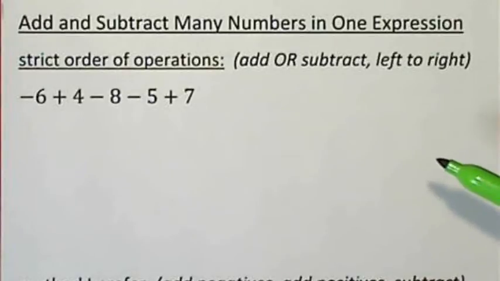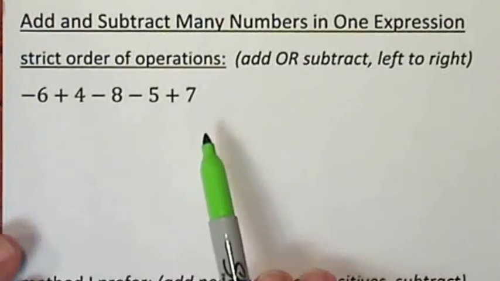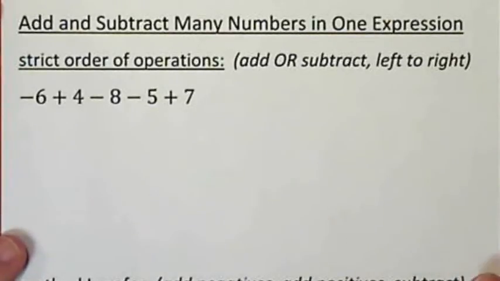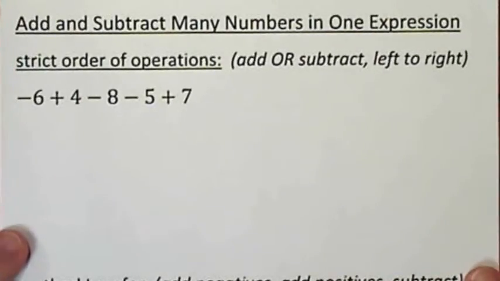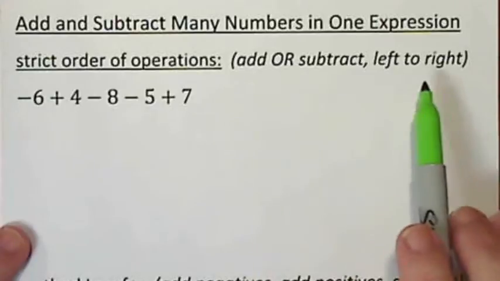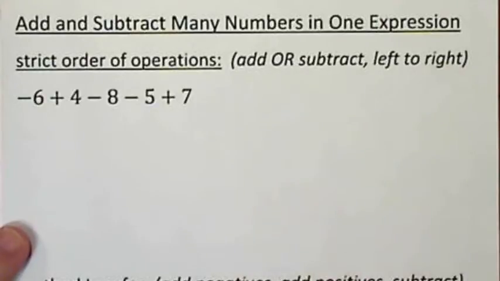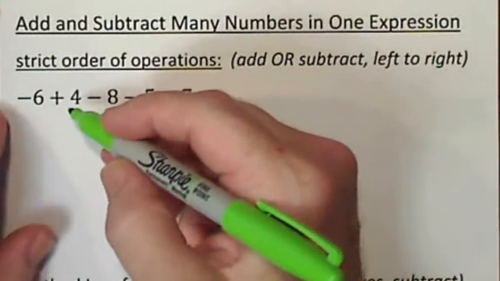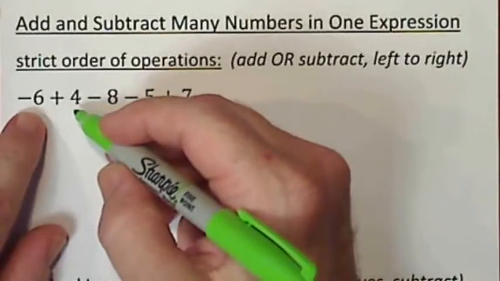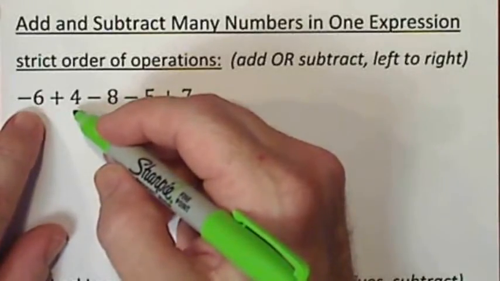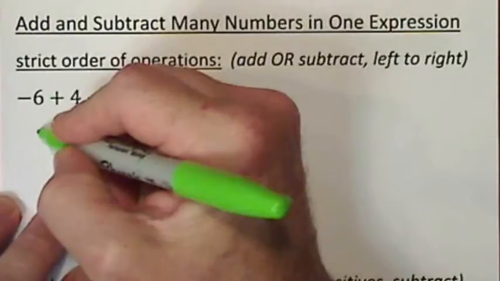All right, now we'll cover how to add and subtract when there's many numbers in one expression. First, I'll do it following the order of operations strictly. That is, proceeding from left to right, doing addition or subtraction. Just deal with the first two. The signs are different, so you subtract, keep the sign of the larger.